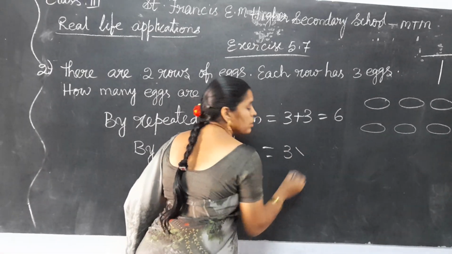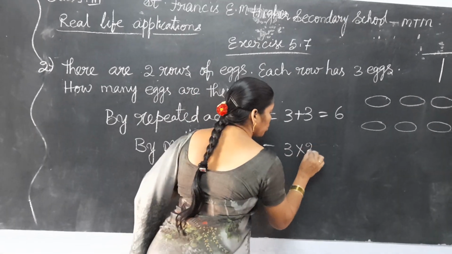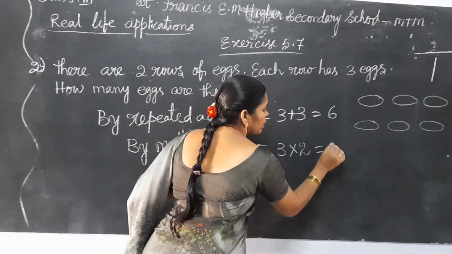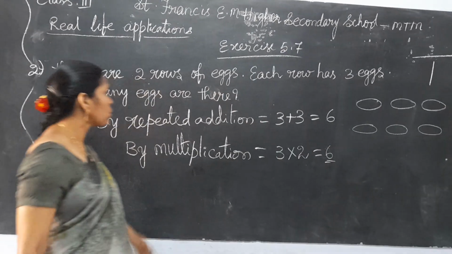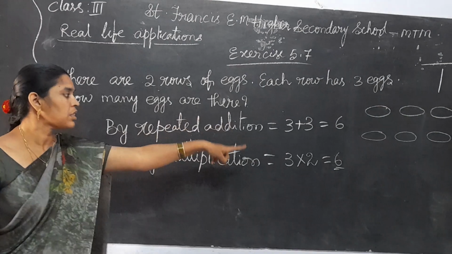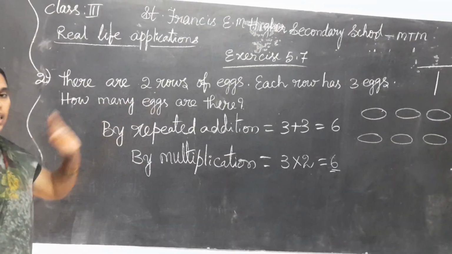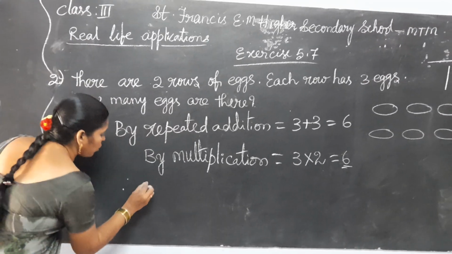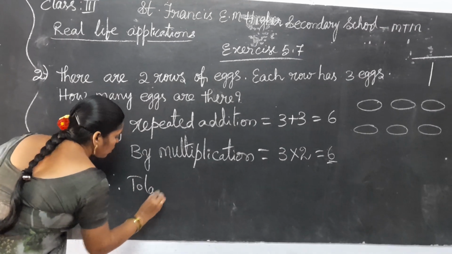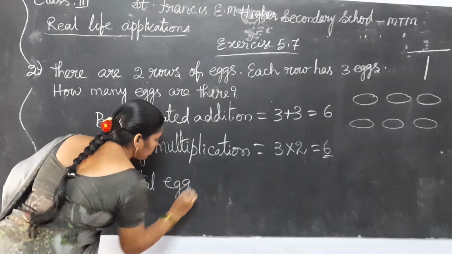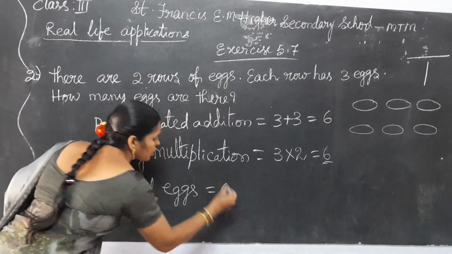How many times? 2 times. So 3 into 2. 3 2s are 6. So how many eggs are there? 6 eggs. Therefore, total eggs is equal to 6.